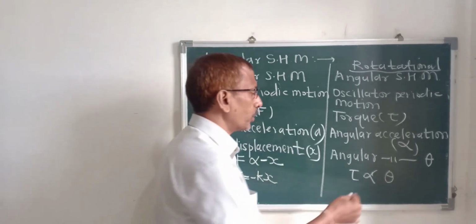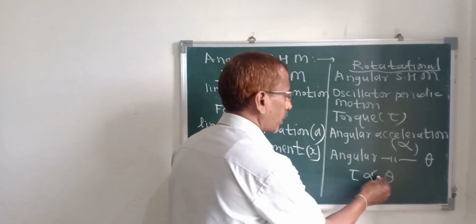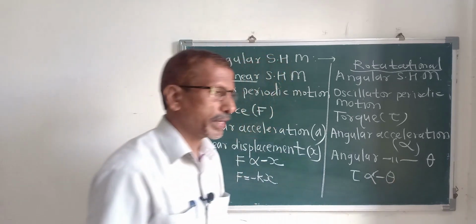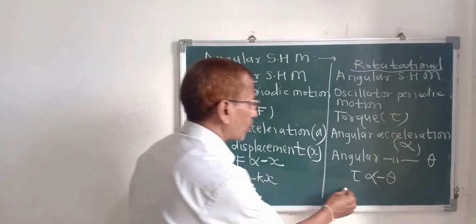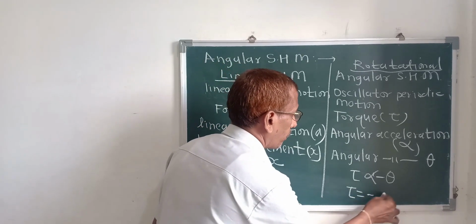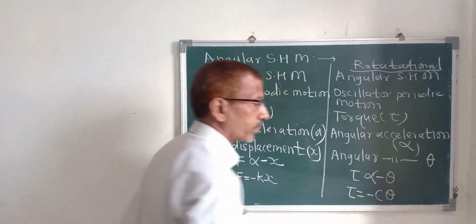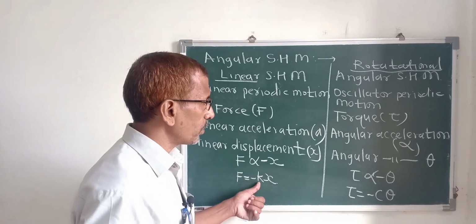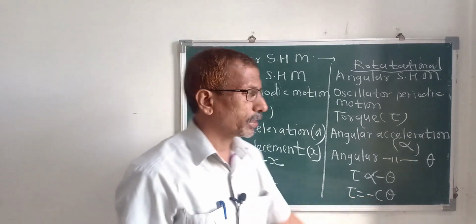So tau is directly proportional to minus theta. So tau is equal to minus c theta. Just like k is a force constant, c is a torque constant.